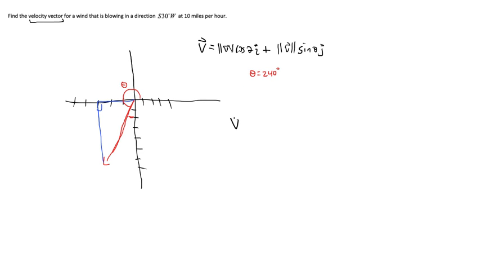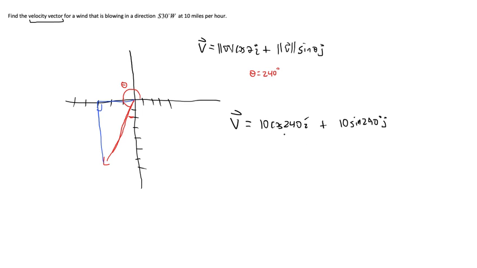So let's go ahead. The velocity vector is going to be 10 times the cosine of 240 degrees, i. Remember, this is not the i which is the square root of negative 1. This is the i that is the horizontal component of the vector. And then plus 10 times the sine of 240 degrees, j.